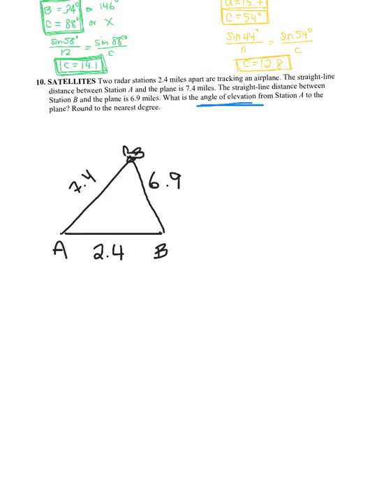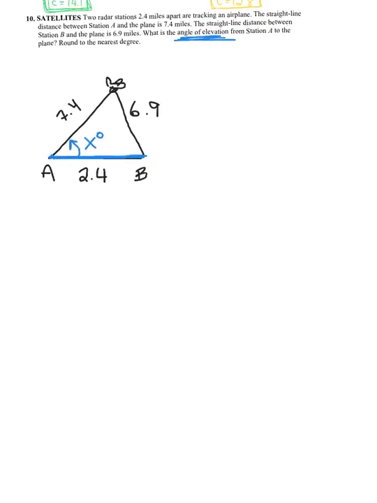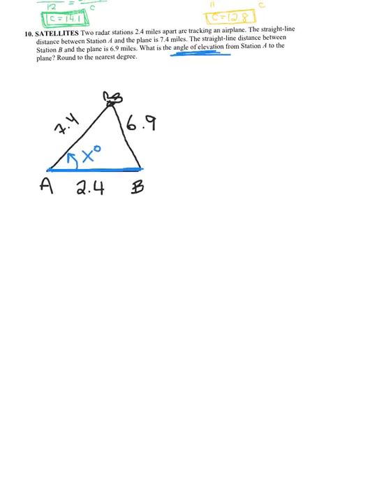All right, now the angle of elevation is what I'm looking for. So remember, angle of elevation, we're always starting with a horizontal line and going up. So from station A to the airplane, this is the angle I'm looking for. All right, now since I'm in an SSS situation, I'm going to be using the law of cosines.